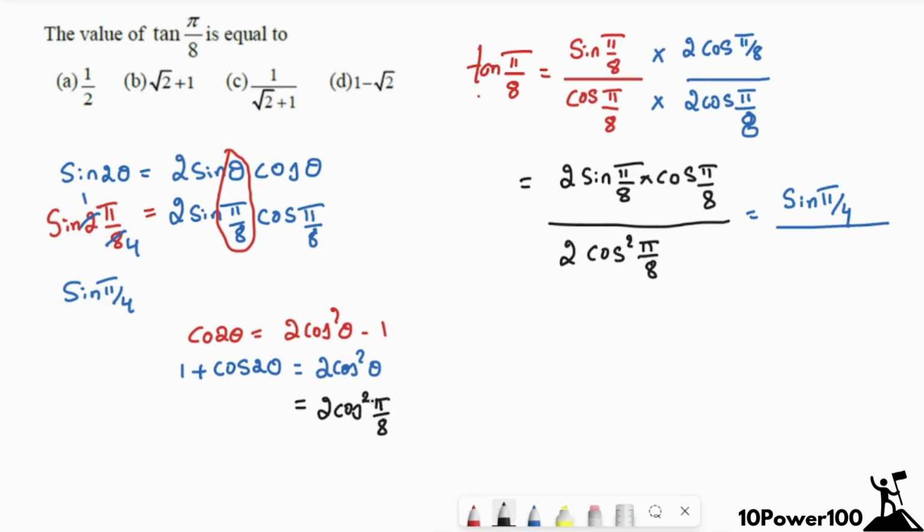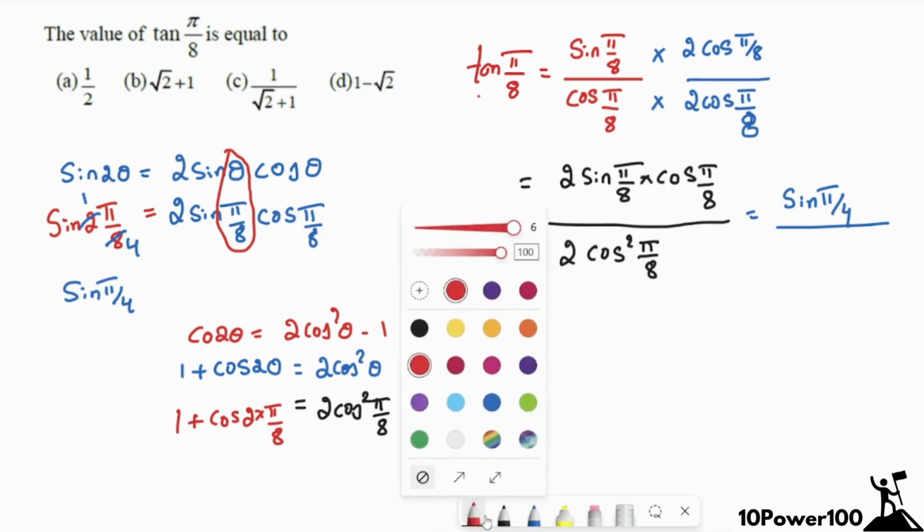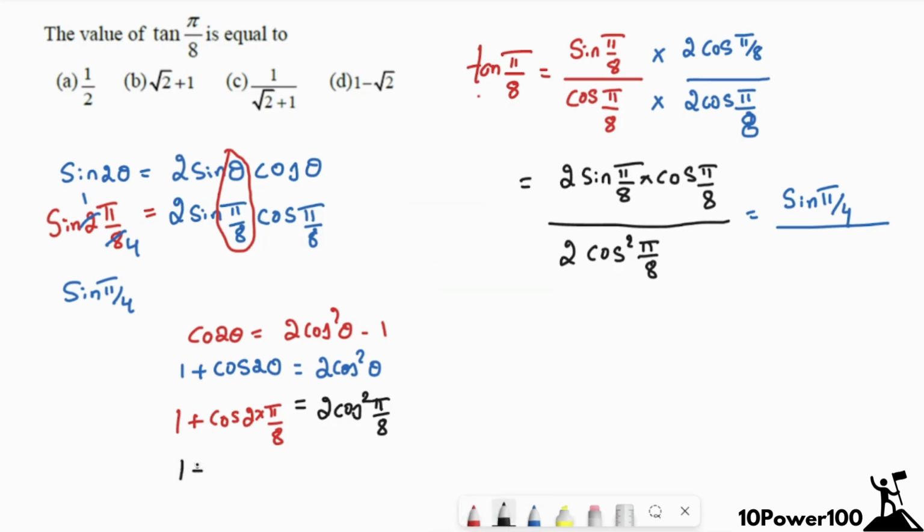Comparing theta and pi by 8, in place of theta we have pi by 8. So replacing that, we get 1 plus cos 2 into pi by 8, which becomes 1 plus cos pi by 4.